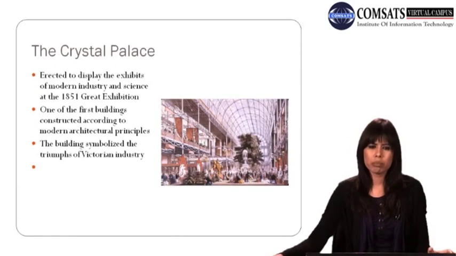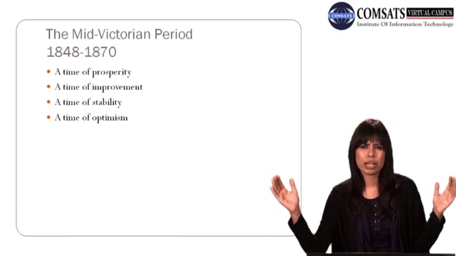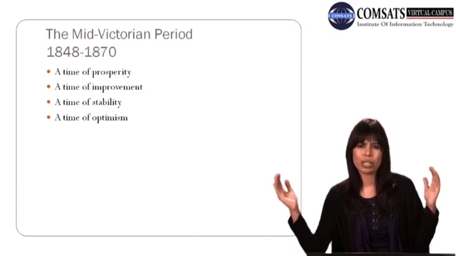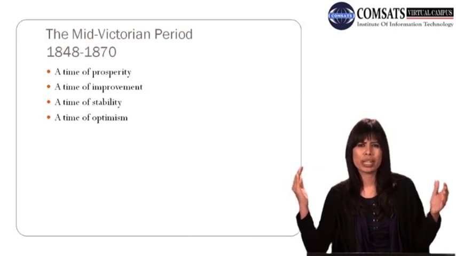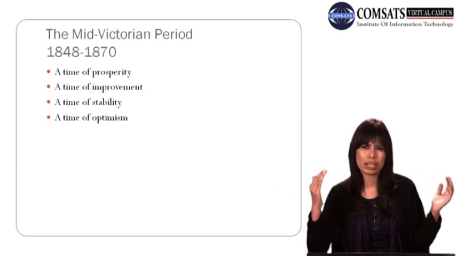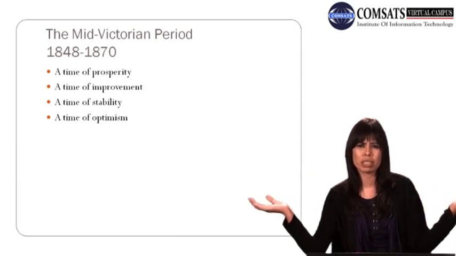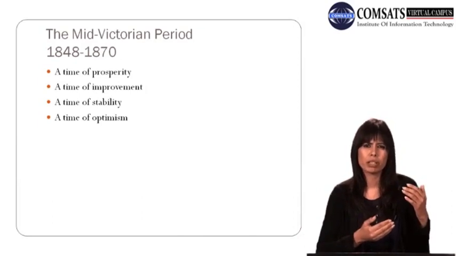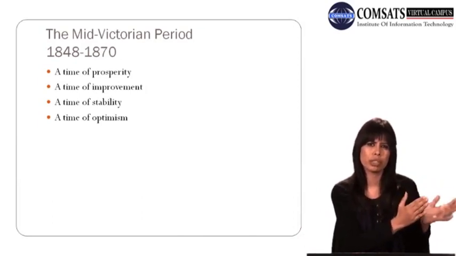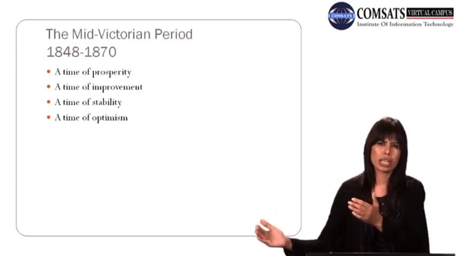So that is why, as I told you at the start of the lecture today, we divided the Victorian period into two eras. One is early Victorian and the other is later Victorian. In the early Victorian, the trends were different. There was restlessness in the society, and many issues were going on in the first half of the Victorian period, and then things became quite stable.